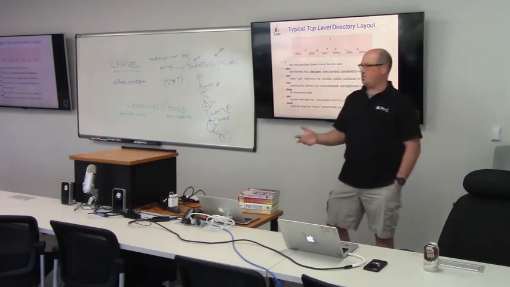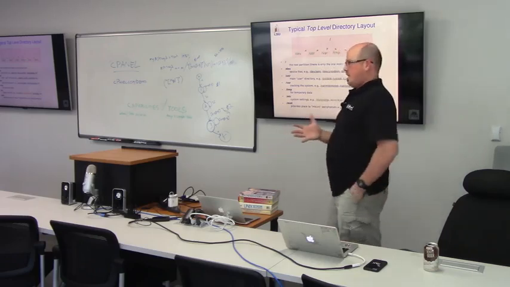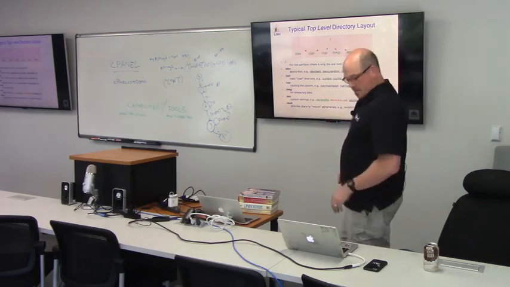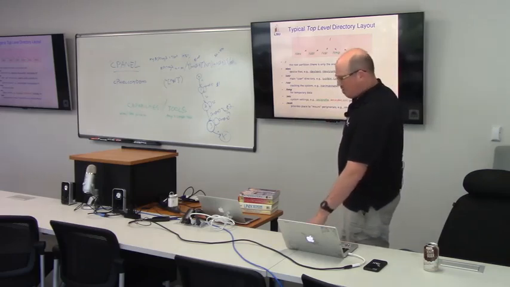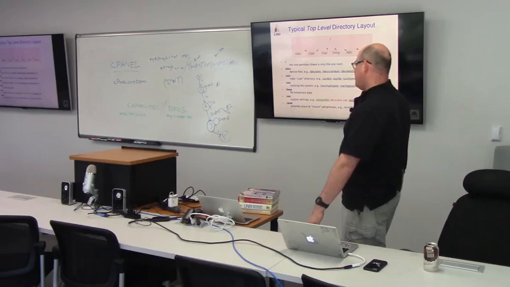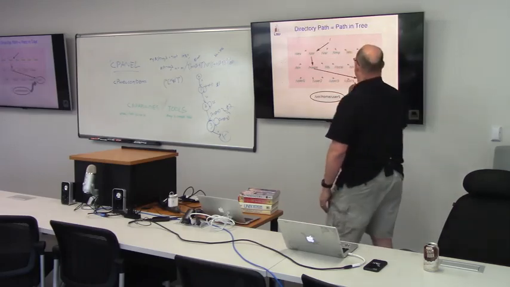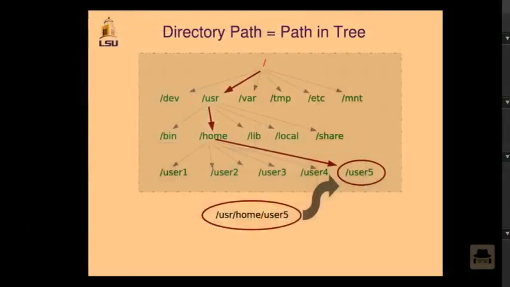A lot of people will use mnt or opt to put in additional devices; you can throw them under opt. Or if you want to start installing your own versions of common utilities or already provided utilities, you can throw them into opt.